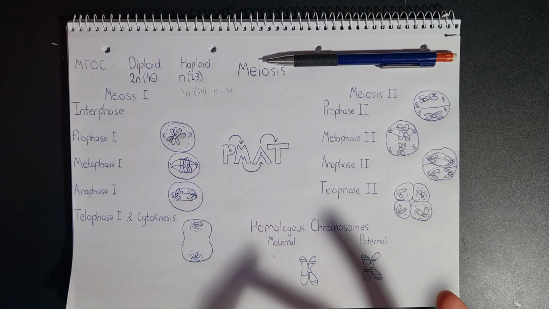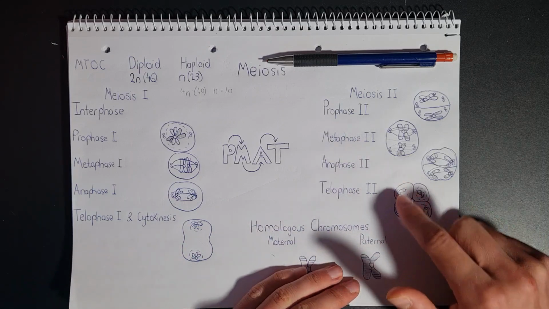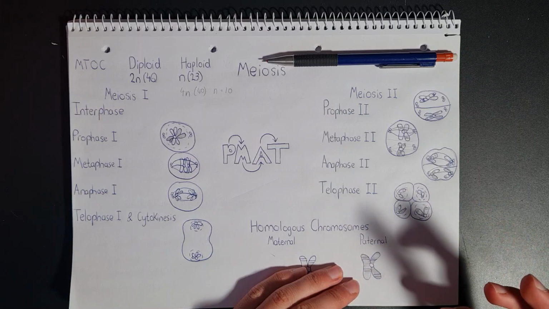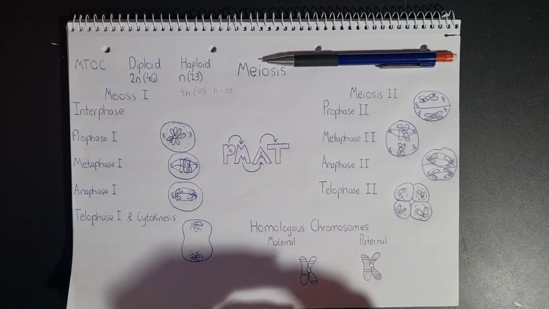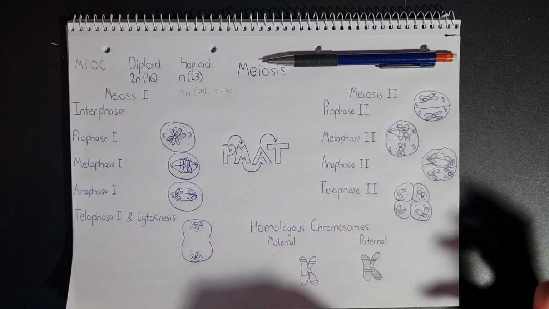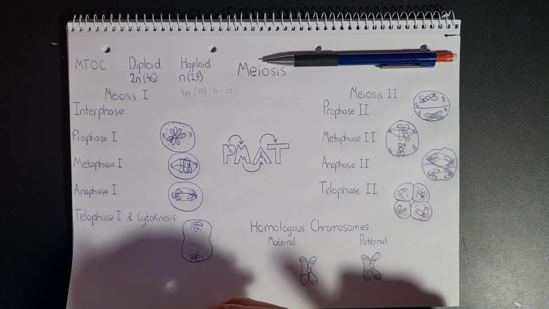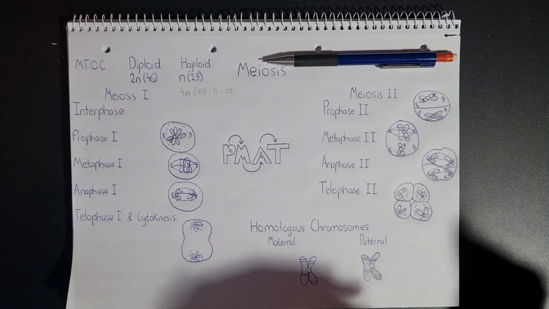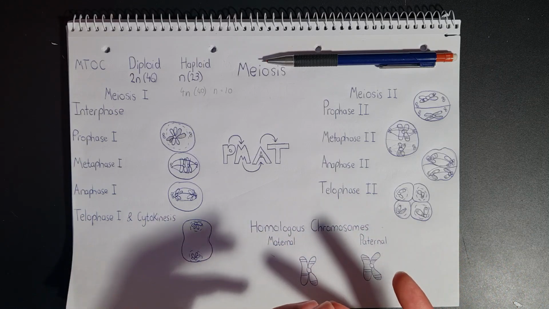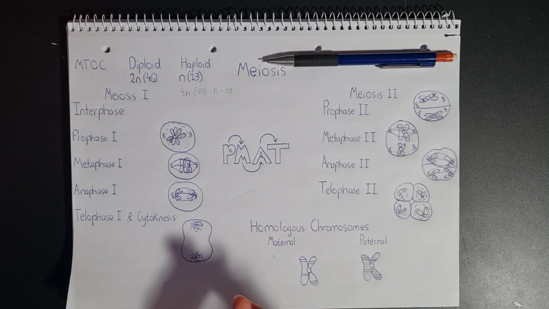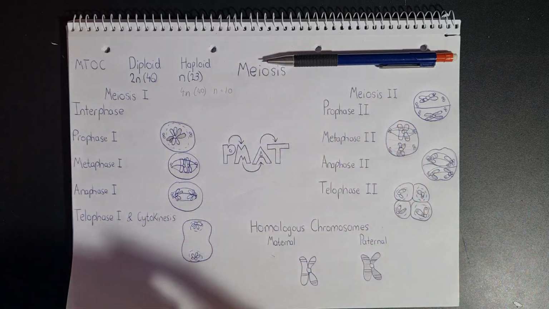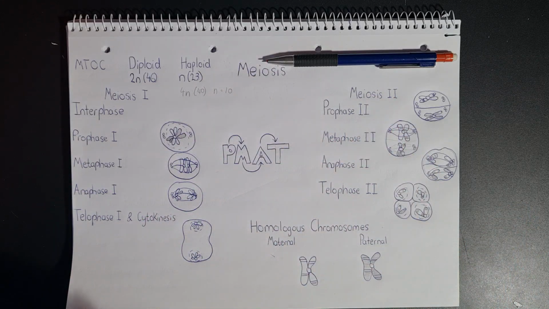And then finally, the genetically unique daughter cells from, let's say, the father will then randomly fuse with the genetically unique daughter cells of the mother. So that random fusion is the third and final way that meiosis provides genetic variation.